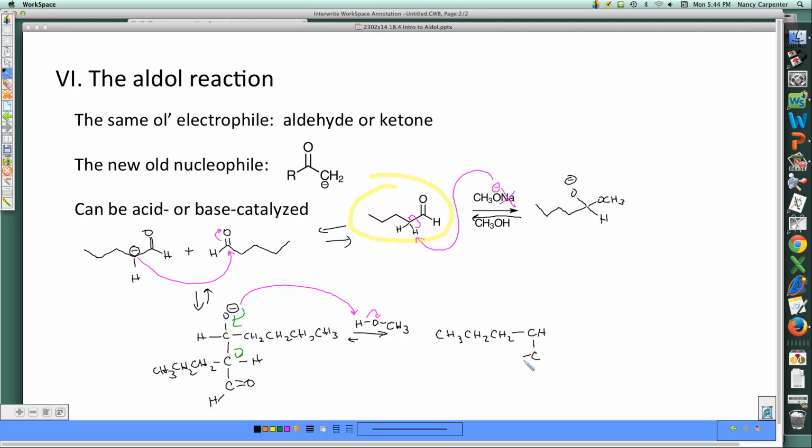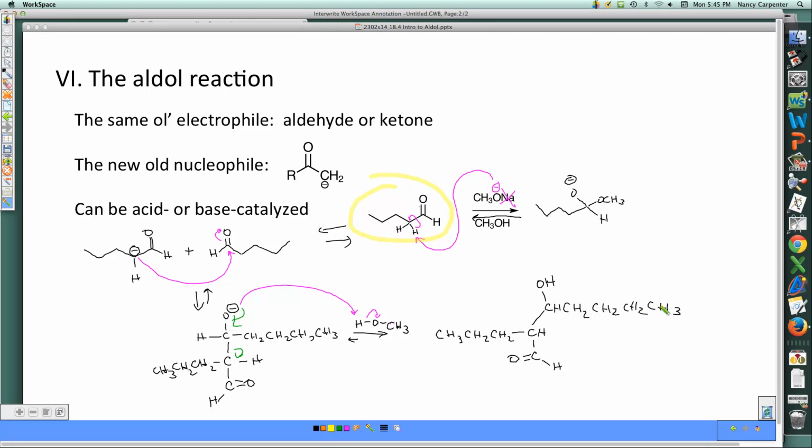And I'm just going to redraw it slightly, and kind of color code it so it's clear that I have two 5-carbon pieces from my pentanal.